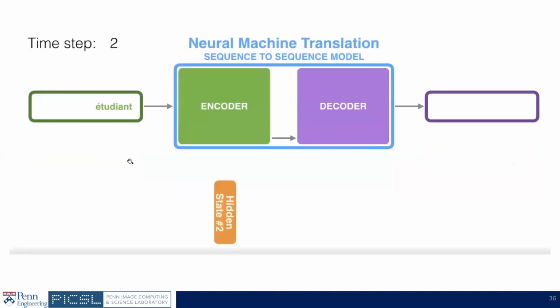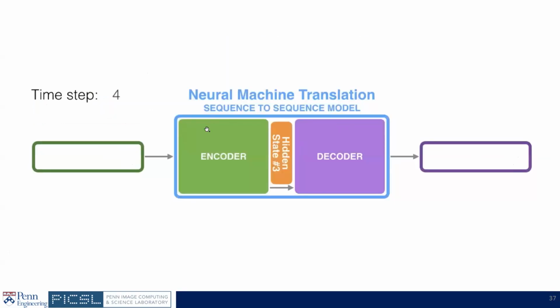So it only attends to the word student. Even though this hidden state has some context of things previously, at the current time step it is only attending to what student is providing it. So the decoder is only looking at information coming from student, not the previous words explicitly.